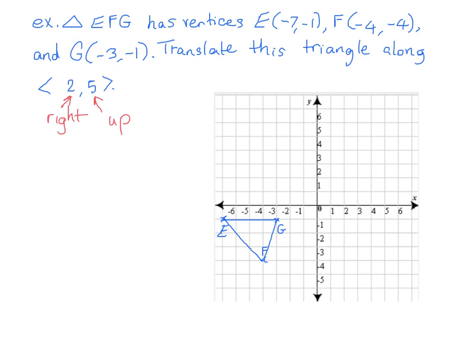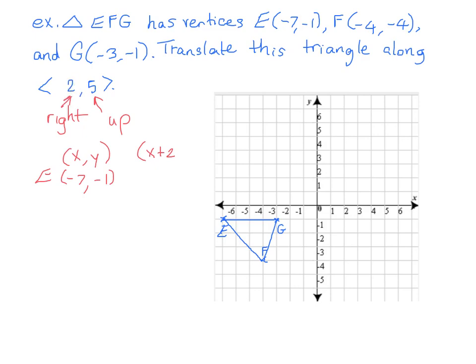So in order to accomplish this, we can take each of the coordinates. Currently our coordinates are x comma y. So for E, we have -7, comma -1. And when we change our coordinates, we're going to change it to x plus 2, and that's coming from the vector coordinate here.